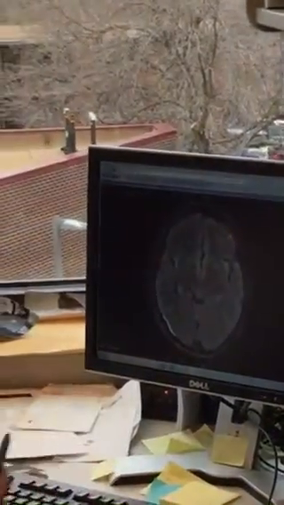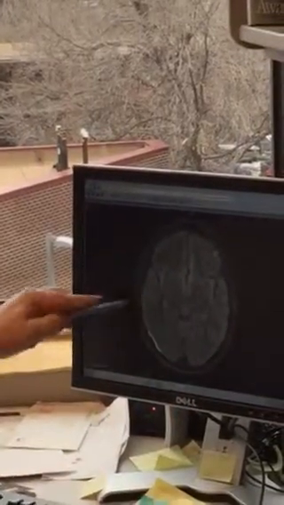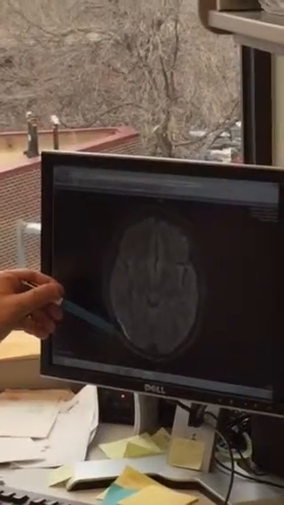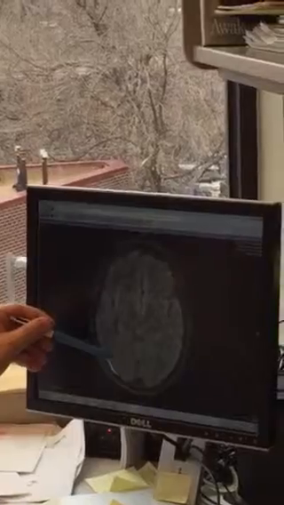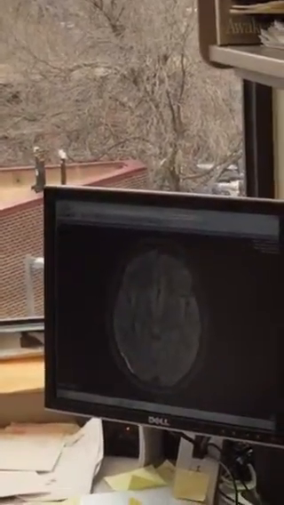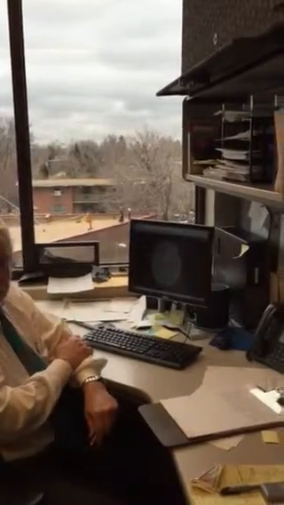What's important to know about this is that this blood is between the brain and the skull. It's not blood inside of the brain tissue itself. It's just in that space, in that membrane between the two. That should be absorbed over time.